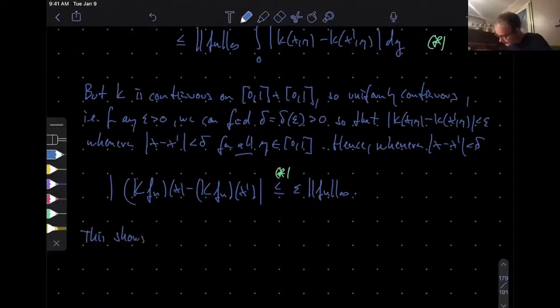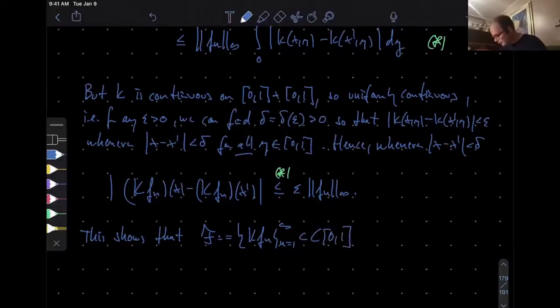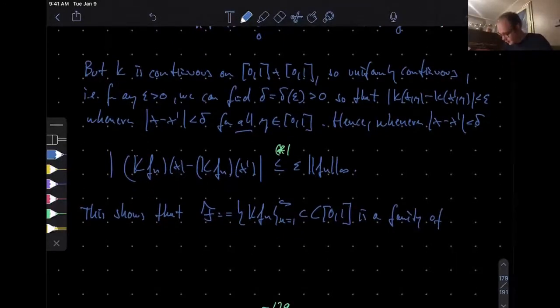This shows this estimate, the last one. This shows that the following family, so that is the image sequence, this is a family of continuous functions defined on a compact interval on the real line, is a family of equicontinuous functions.